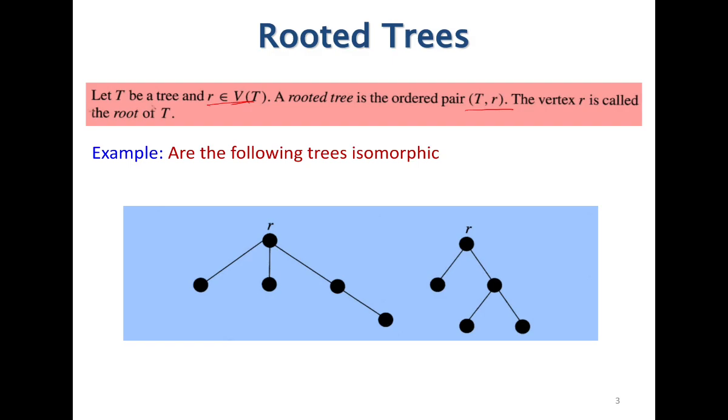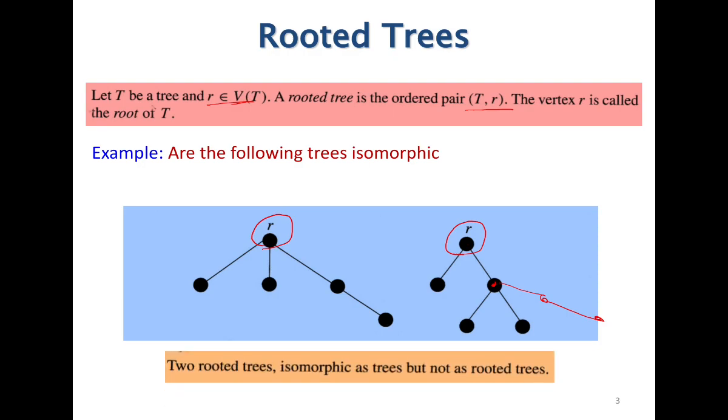They are the same, because what I can do is fix this vertex and take these two on this side and I will get the same graph. But when I fix a root, then in this graph, this root has three vertices adjacent to it, but this root has only two vertices adjacent to it, and there can be other differences also. It means that as a tree they are isomorphic, but as a rooted tree they are different.